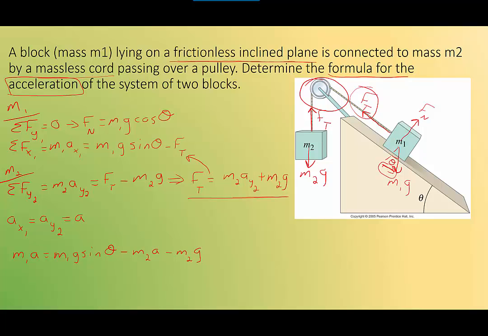I am again, remember, looking for acceleration. So I'm going to move my accelerations all to the left. m1 plus m2 times a is equal to m1g sine theta minus m2g, which we can make a little bit nicer here, a little bit neater.